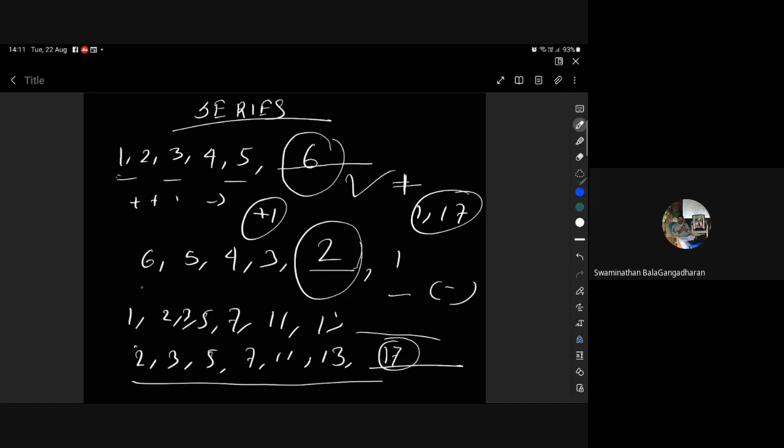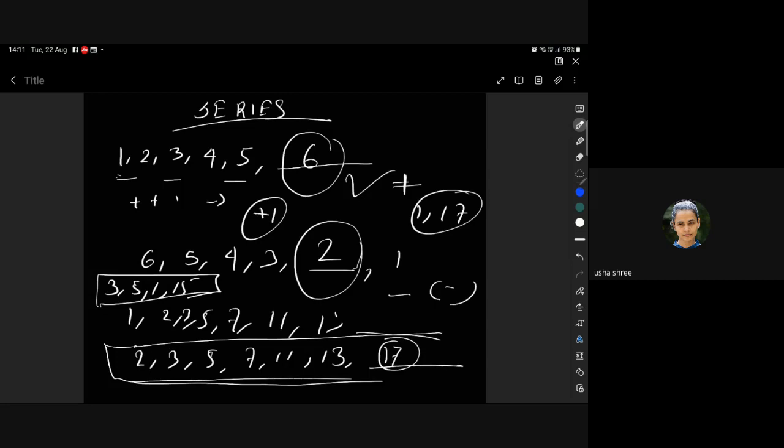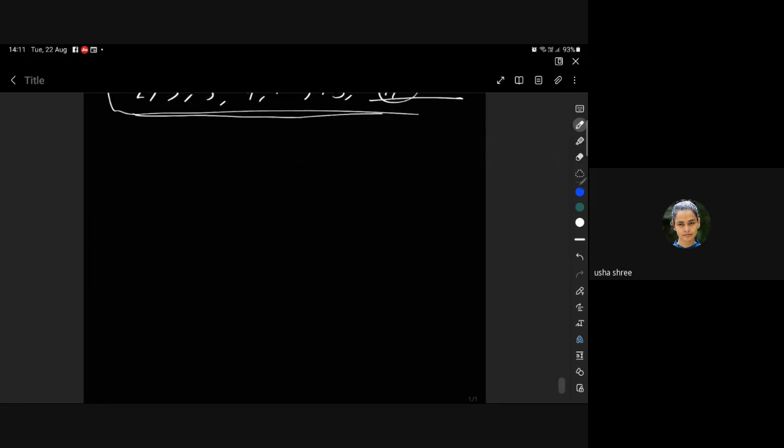For 15, if you find the factors, they will be 3, 5, 1, 15. This is the series of prime numbers. You have to understand what they're asking: 2, 3, 5, 7, 11, then what will be the next number? 13. Then next 17, like this.